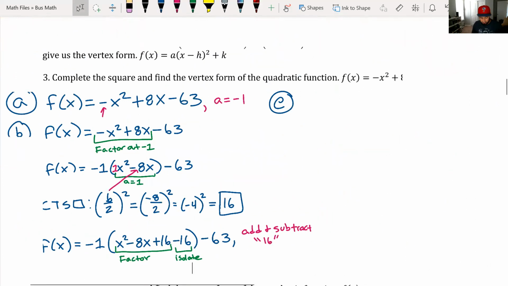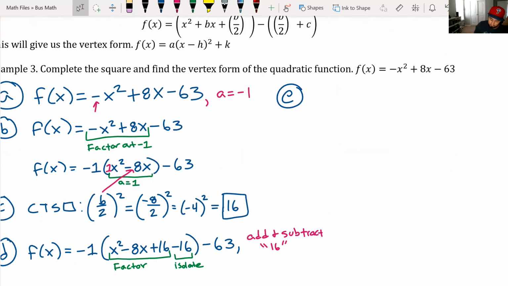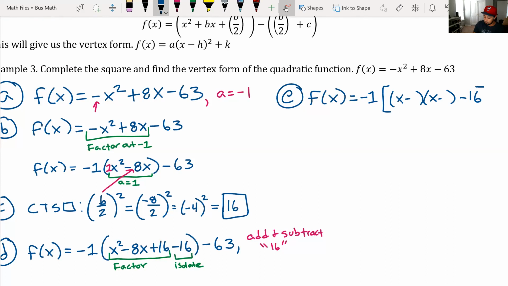So here's what we're gonna end up with. F of x equals -1, and I'm gonna put a bracket here just to be neat. We're gonna factor x squared minus 8x plus 16. So here you see down there, it's minus plus, which means you'll get x minus a number, x minus a number, minus the 16 that's already there.